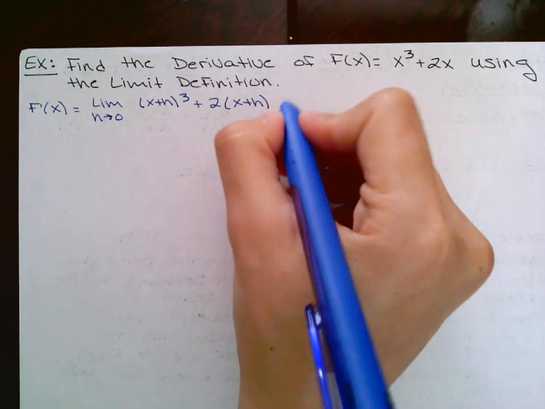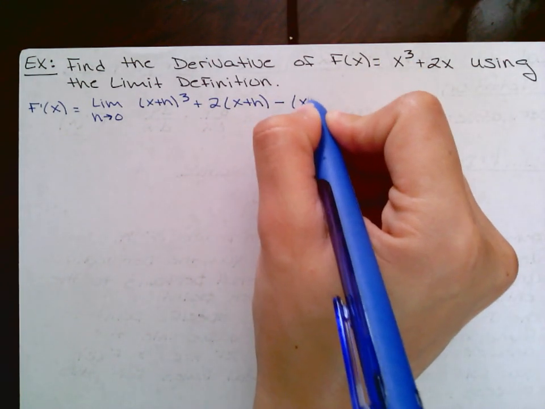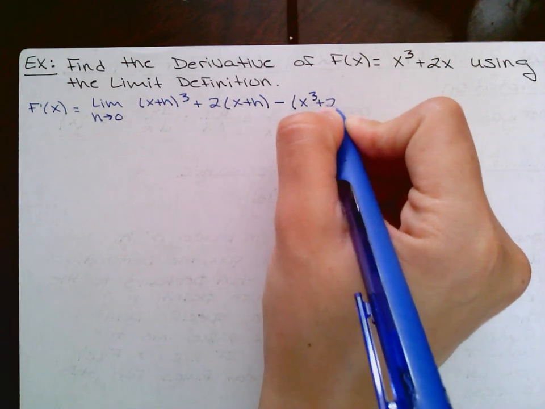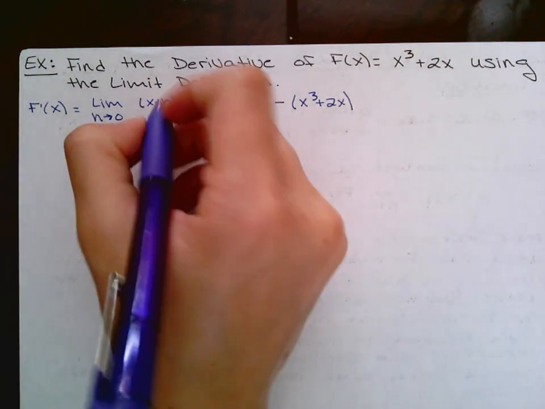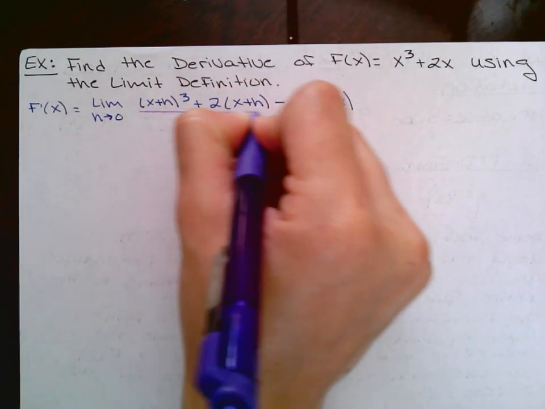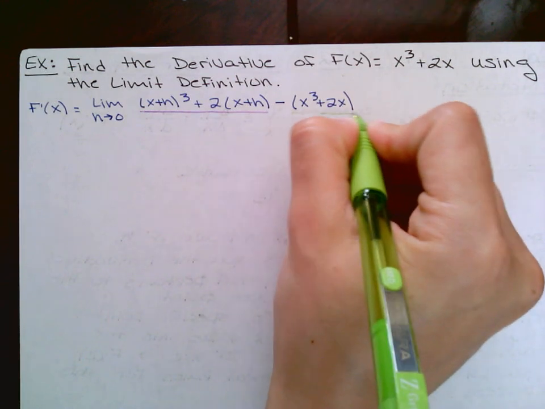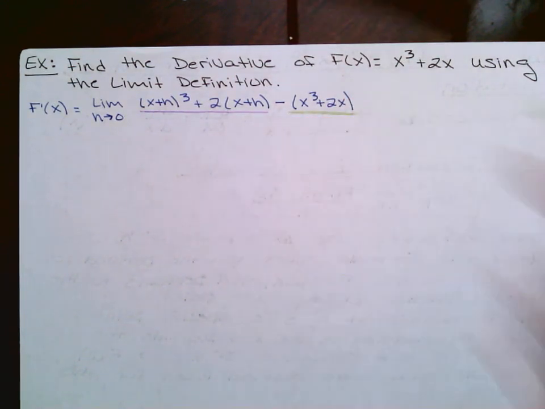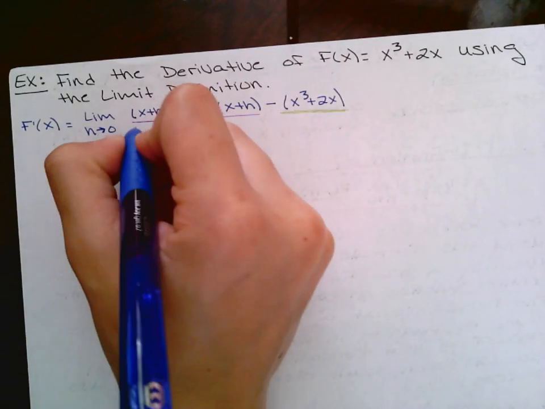Okay? And then minus f of x, which is minus the original function. So if we're color coding like we did last time, this portion is the f of x plus h, and this is minus the f of x. Okay? And then, of course, all over h.